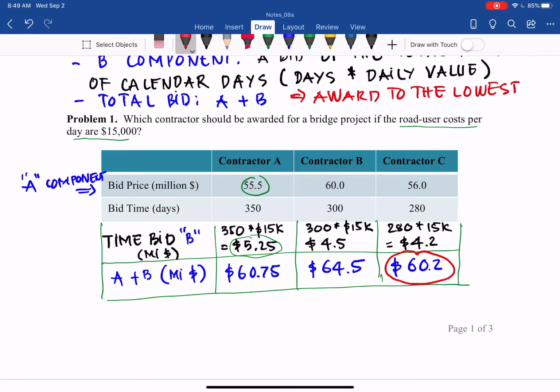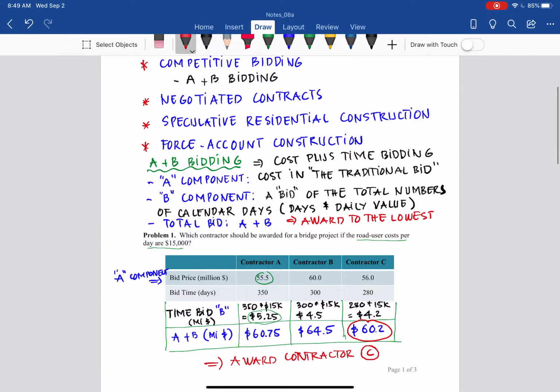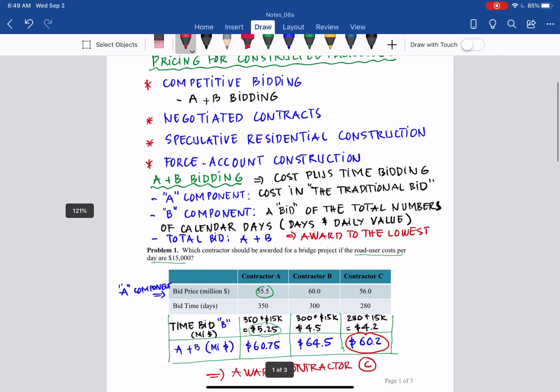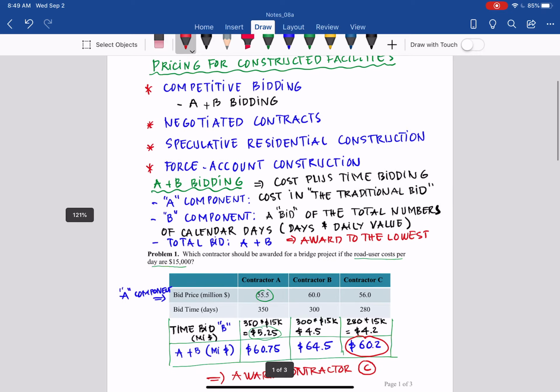So we will award contractor C. The rule is the lowest A plus B, not the lowest A. If it were the lowest A, it would be contractor A, but in this case, we award contractor C. So those are the ways that we price in the contract, and I elaborated on what A plus B bidding is, where we can consider other components other than the cost in awarding the contract.